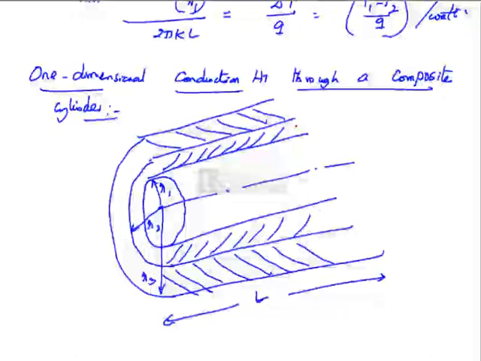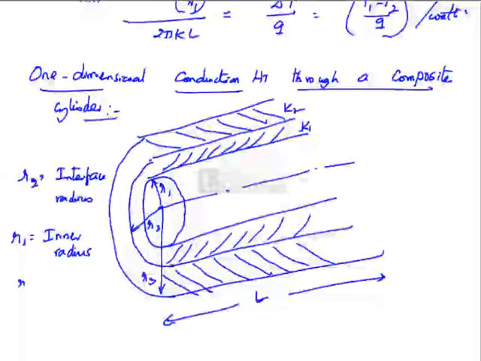Two cylinders, one wrapped around the other, one lagged over the other rather, having two thermal conductivities K1 and K2. The radii are R1, R2 and R3. R2 is the interface radius, R1 is the inner radius, R3 is the outer radius.